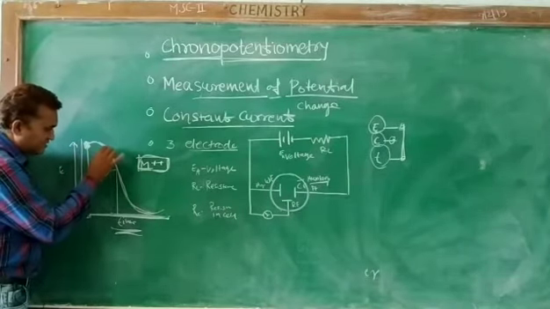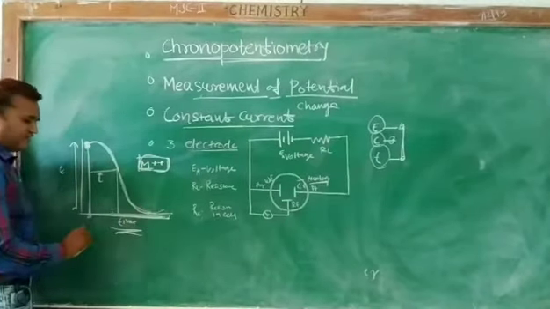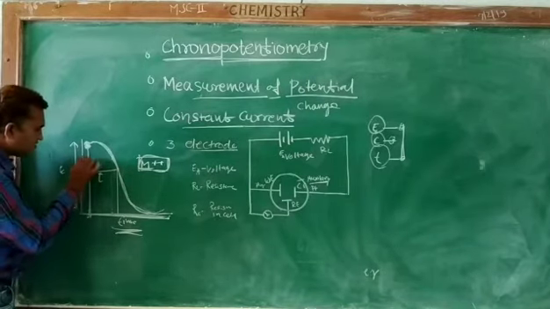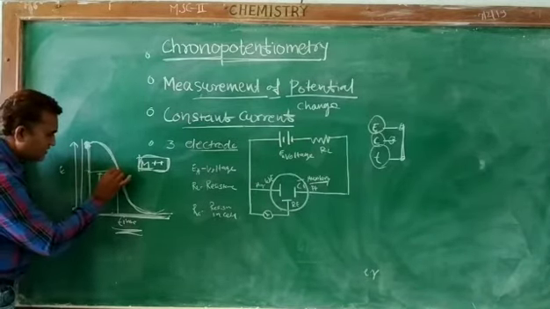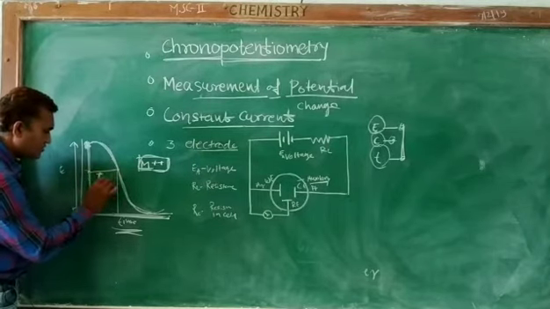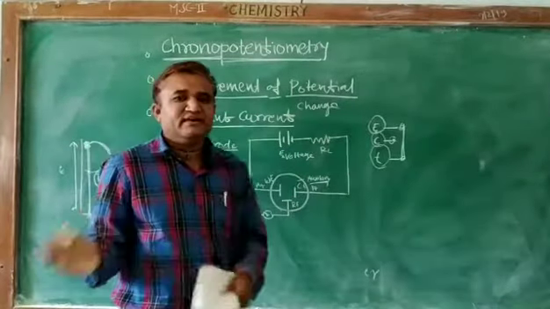As the metal ion concentration decreases, the potential is lost with time. The time between the higher potential and the decreasing potential is the tau.